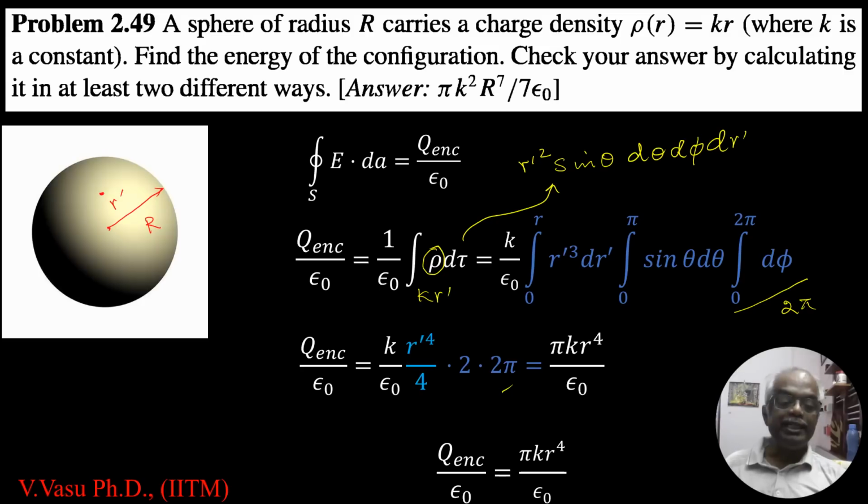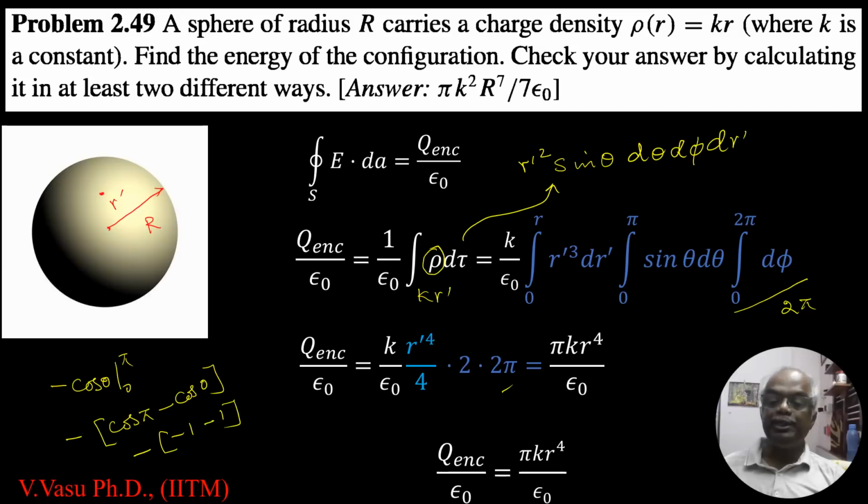If you integrate sine theta, you will get minus cos theta, and you have to apply the limits 0 to pi. So you take the negative sign outside, then apply the upper limit cos pi minus cos 0, the lower limit. Cos pi is minus 1, cos 0 is 1, so minus 1 minus 1 is equal to minus 2, and with the minus outside, this will be 2.